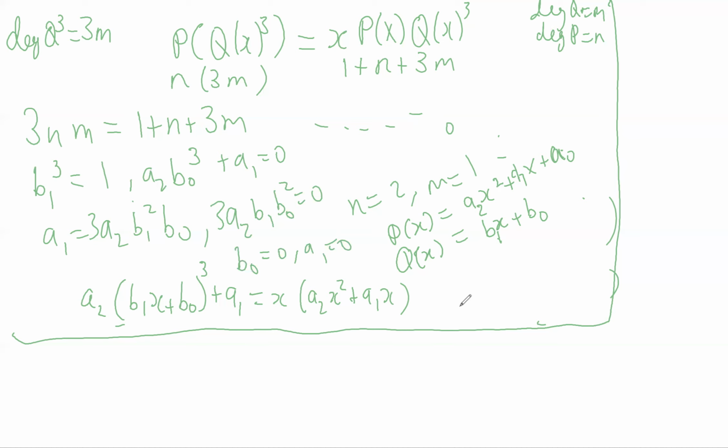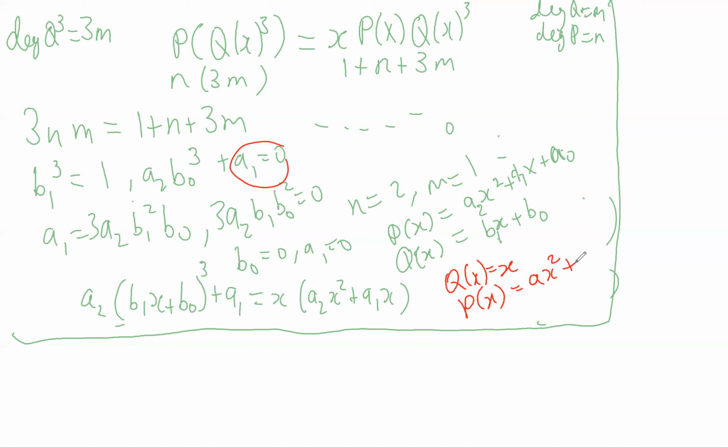So what did we conclude? B0 is 0, so Q of x is equal to x. P of x is equal to... oh, this one also gives you a1 equals 0, yeah. So a2 doesn't seem to be restricted, it's just like a parameter that stays in there.